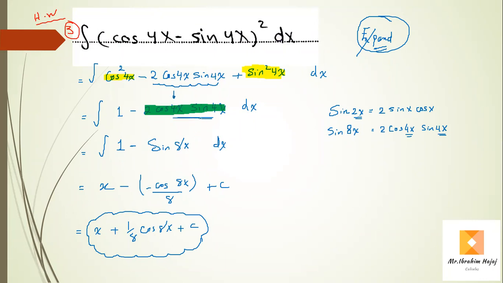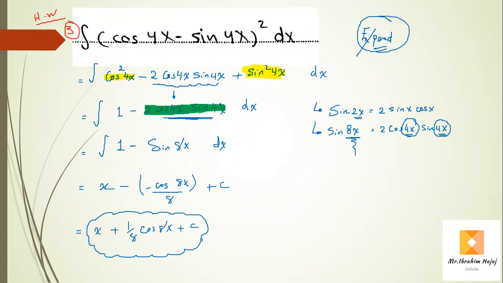This term, 2 cosine 4x sine 4x, if you remember the double angle identity, sine 2x, from the identities, 2 sine cosine. So if we compare with the question we have here, 2 sine 4x cosine 4x, because the angle is 4x, then surely the double is 8x.